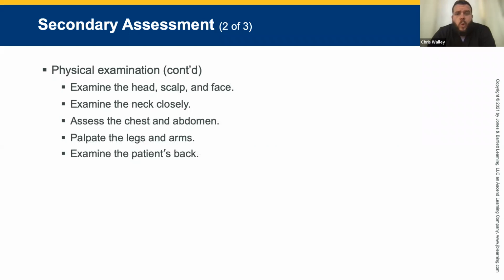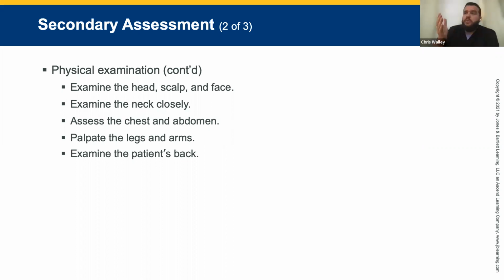If the patient's condition warrants a secondary assessment, what I want you to do is examine head, scalp, face, the neck, chest, abdomen, legs, arms, and the patient's back. Now, when we do the back, if you're putting them on a spinal board, you want to assess that first.